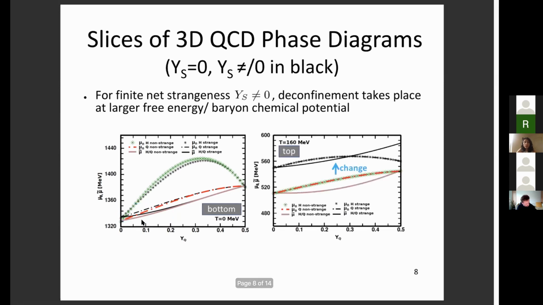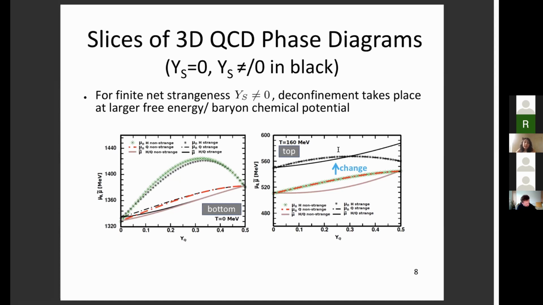And now I'm showing you the top side of those phase diagrams. Again, the colorful ones correspond to the non-strange ones I already showed, but now I'm adding these black lines for the strange matter. And here, at the very top of my phase diagram, at least the part of the phase diagram I'm showing you, and you can already realize that I'm not talking about critical points on purpose, because I'm only concerned with the position of these lines at the moment.